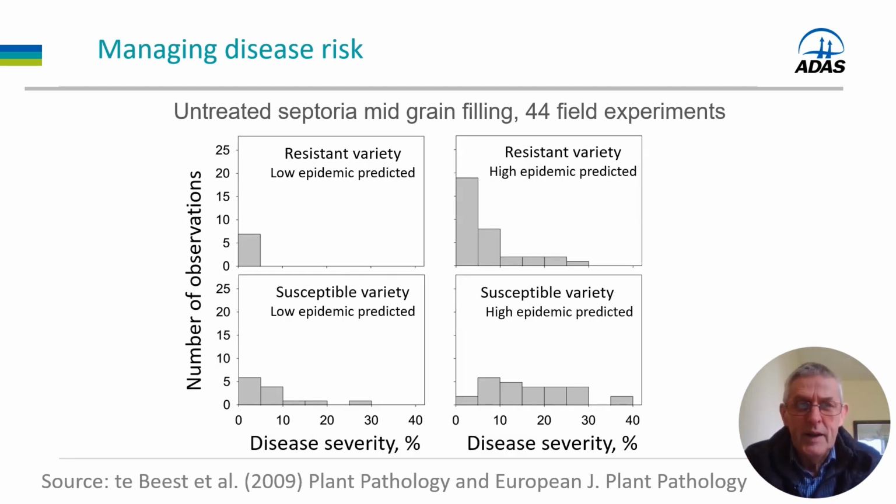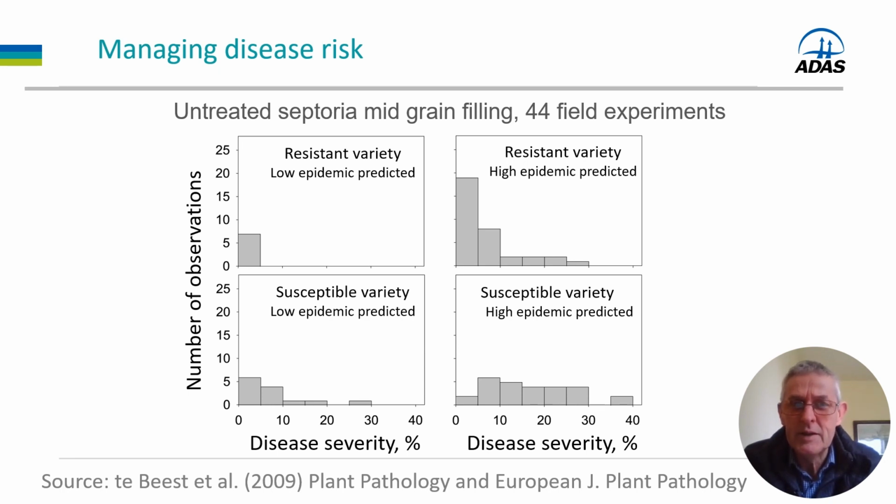And if we look at that data, let's just look at the top row first for the resistant varieties. So there were relatively few of those sites where we predicted that disease would be low, but we were actually correct that at all those sites disease was low and there were no damaging epidemics.